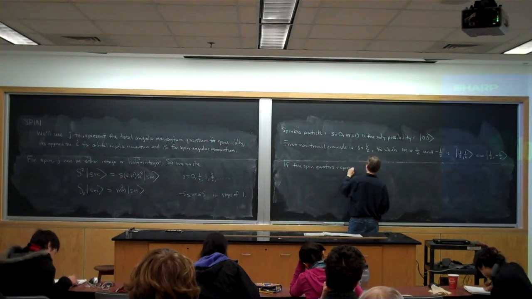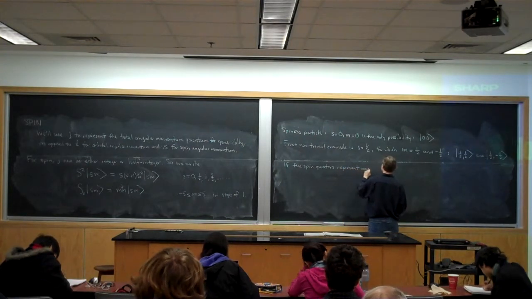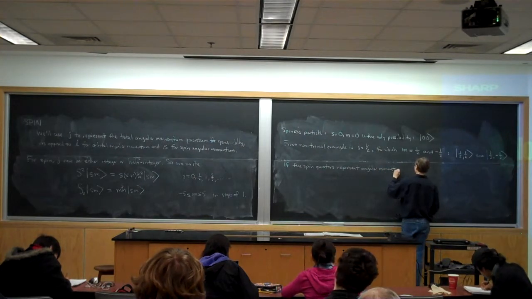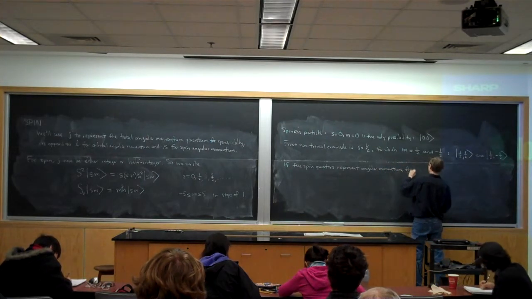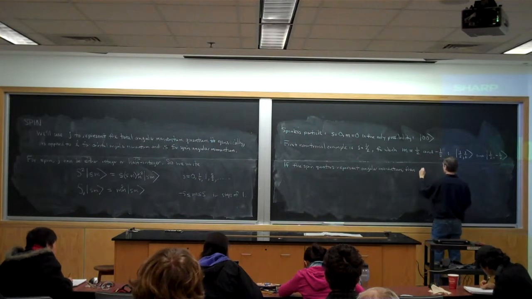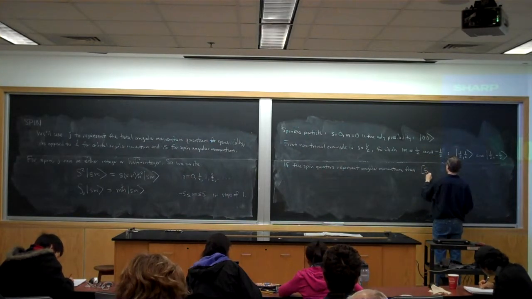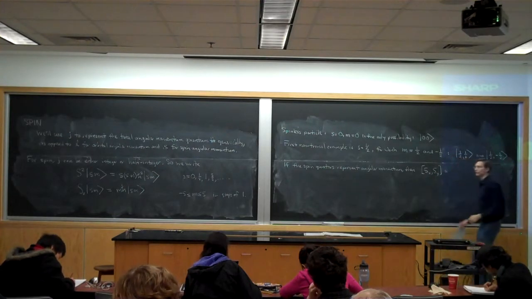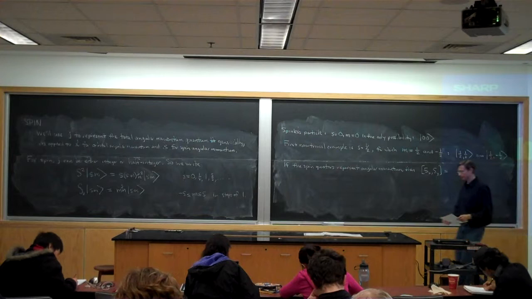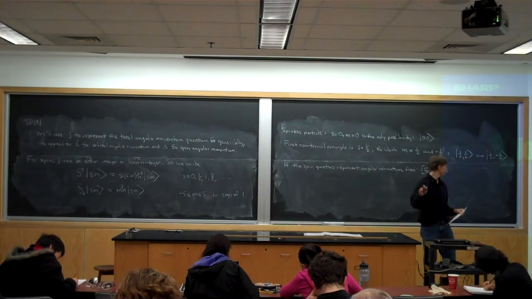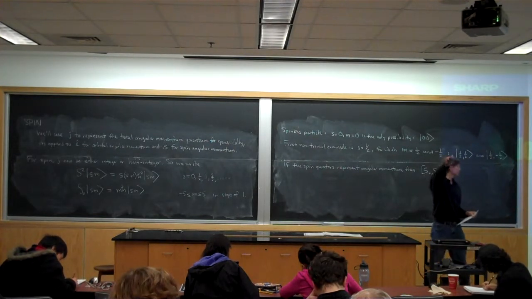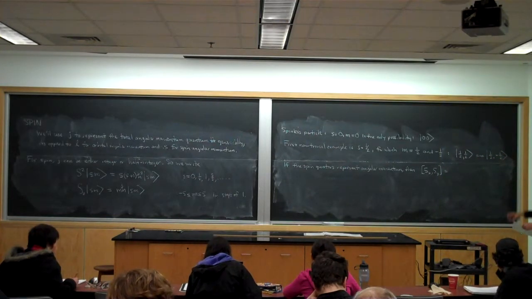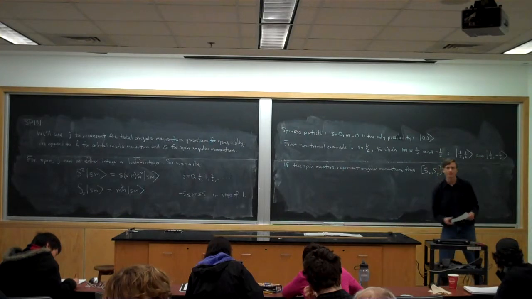If the spin operators represent angular momentum, then it must be true that the commutator of Sx and Sy is equal to what? What was our fundamental angular momentum commutation relation? What's the fundamental angular momentum commutation relation?